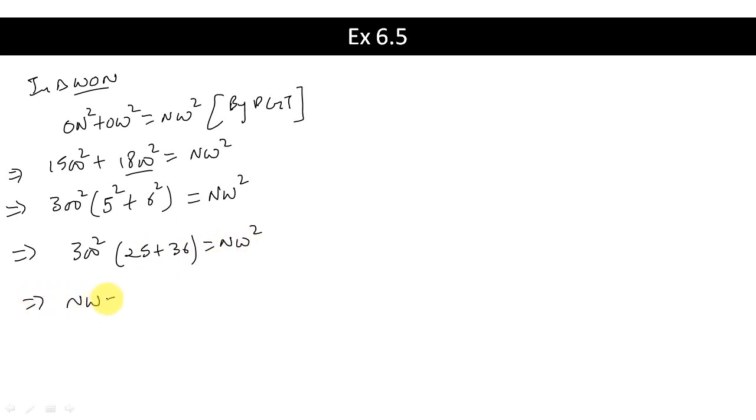So the value of NW will be under root of 300 square multiplied by 61. So this will be 300 under root of 61 kilometer. So that means the distance between the two planes after 1.5 hours will be 300 under root 61 kilometer.